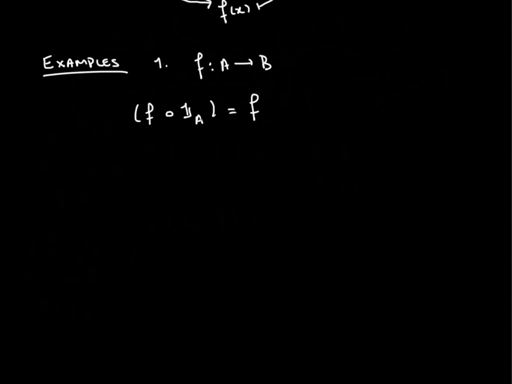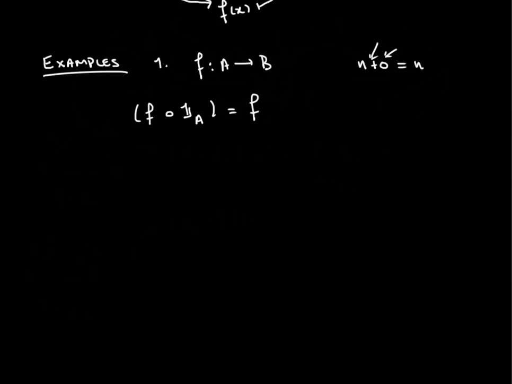This is why it's the identity. It's like adding an integer n plus 0, we obtain the same integer n. So we would call 0 the identity of the addition operation. The operation of composition, its identity is the identity function on A.